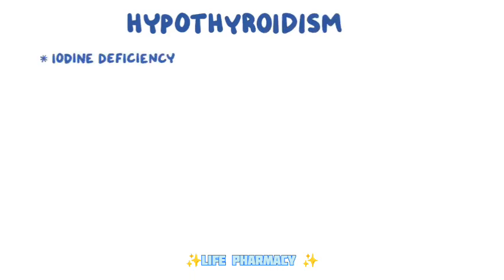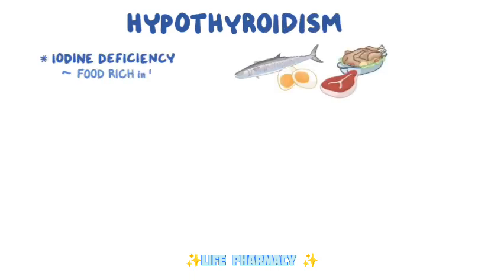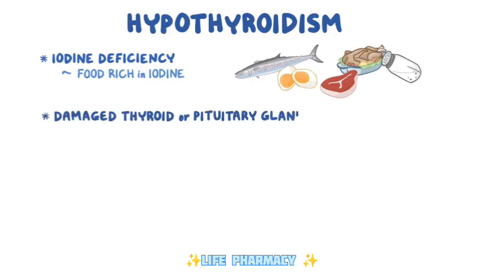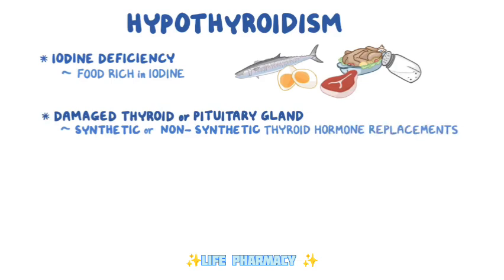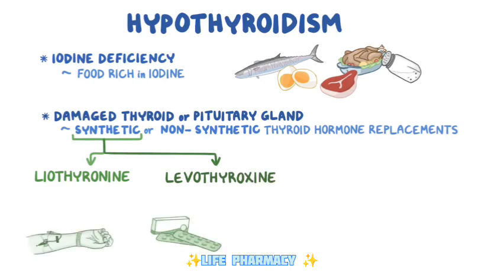Alright, as a quick recap. When treating hypothyroidism, iodine deficiency can be treated by giving foods rich in iodine. If the cause, however, is thyroid or pituitary damage, synthetic or non-synthetic thyroid hormone replacement therapy could be used. Liothyronine and levothyroxine are synthetic forms of T3 and T4.